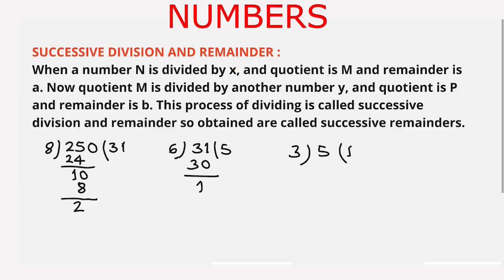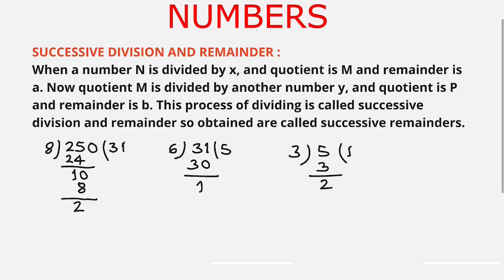It divides it for 1 time and remainder is 2. Here successive divisors are 8, 6 and 3. The successive quotients are 31, 5 and 1, and successive remainders are 2, 1 and 2.